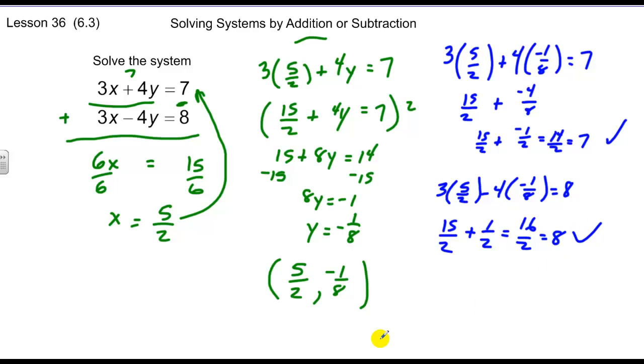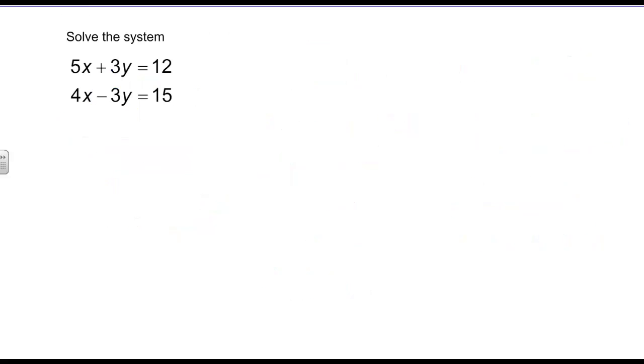So again, if I want to solve these systems by addition, I'm going to need two equations such that I have opposites within those two equations, and then I add the two equations together. You'll see in this case that's exactly what I have. I have two equations with opposites within those two equations. I know that 12 is equal to 5x plus 3y, so 5x plus 3y really represents 12. If I want to add these two equations to each other, I would get a total of 27 and 9x, because the 3y's go away.